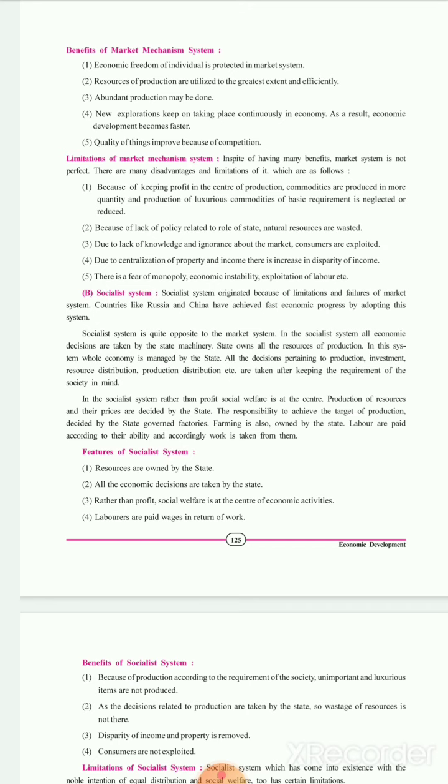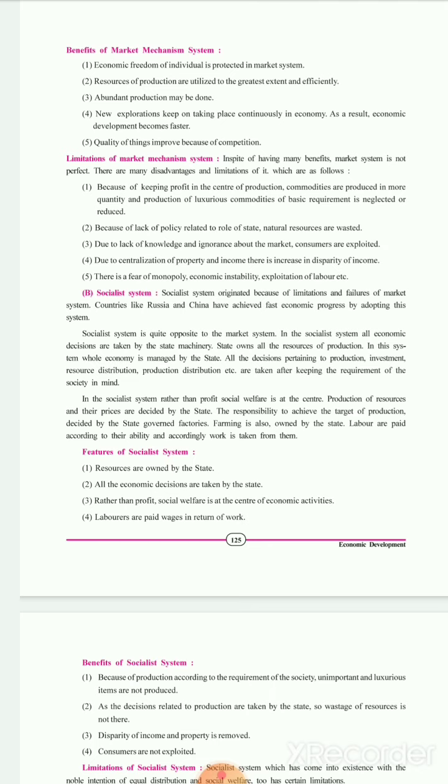This system also has some limitations. In spite of having many benefits, this is not a perfect or a complete system. Limitations or disadvantages. Number one, because of keeping profit in the center of production, commodities are produced in more quantity, and production of luxurious items of basic requirement are neglected or reduced.